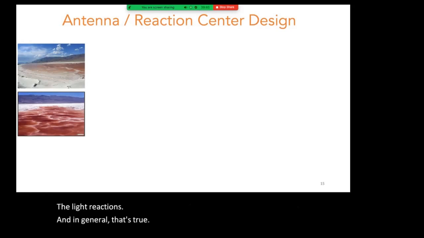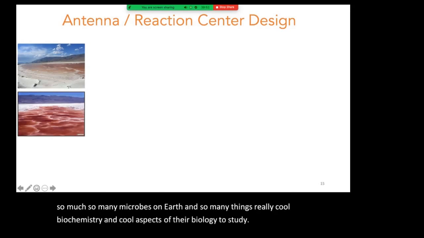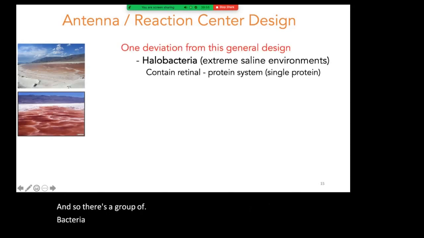But this is what's really great about being a microbiologist: there are so many microbes on Earth and so many really cool aspects of their biochemistry and biology to study. There's a group of bacteria, it actually turns out, known as halobacteria.